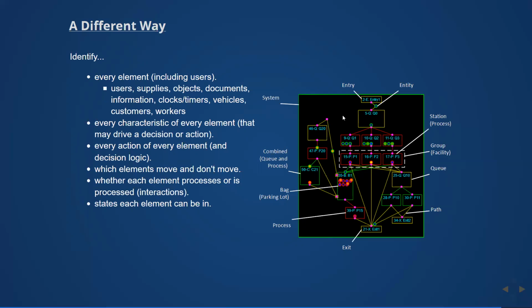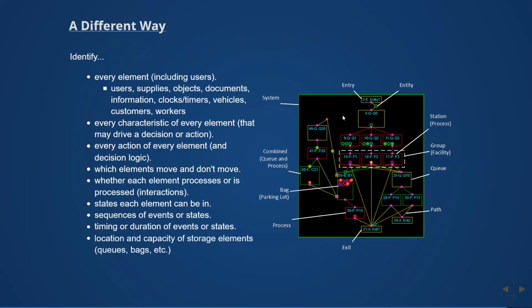State change elements can be in sequences and state changes, timing, duration, scheduling, storage elements where things can pile up or queue up. There are different kinds of storage elements. There are LIFO queues, FIFO queues, random in-out queues, which are often called bags, double-ended queues, and so on.